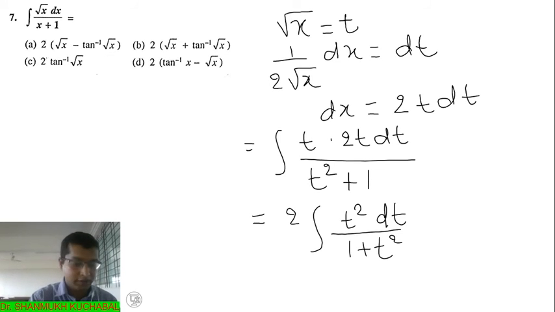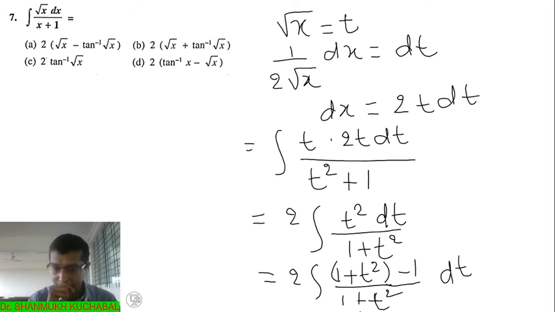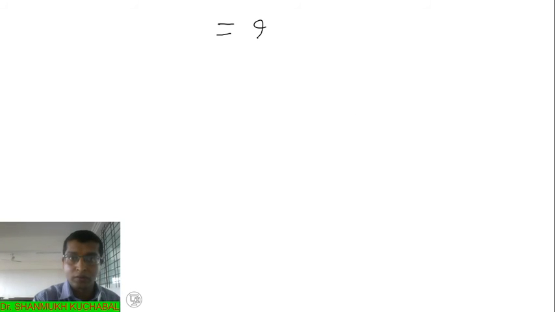It is a simple procedure. I write 2 as it is, and the denominator 1 plus t square we copy into the numerator, that is we get 1 plus t square. Now we have to balance it. In the numerator we want 1 plus t square, and plus 1 is extra. To balance it, I do minus 1, into dt. Further we do first term divided by denominator, so we get 2 times the integration of 1 dt.